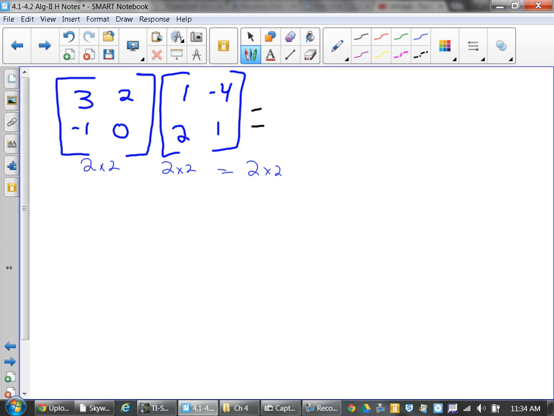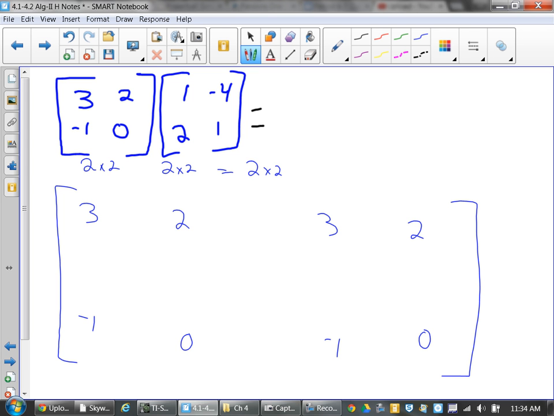So here's what I want you to do. Since it has 2 columns in the new matrix, I want you to write down the first matrix twice. Now you have to space this out a little bit. I want your next part here to look like this.